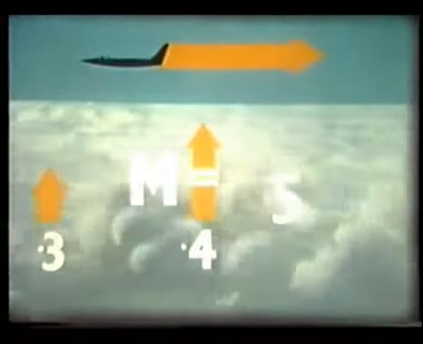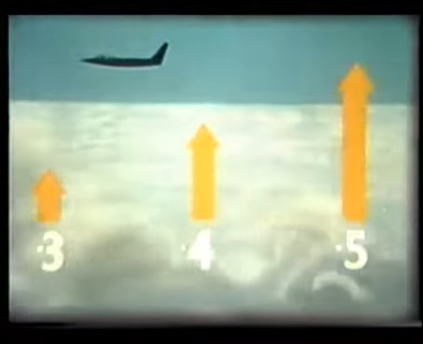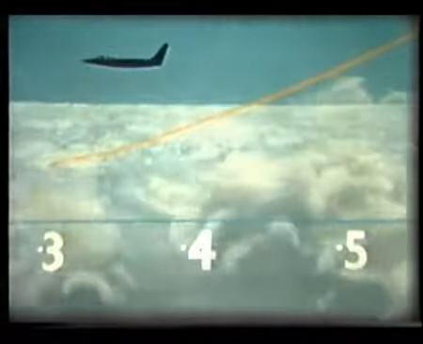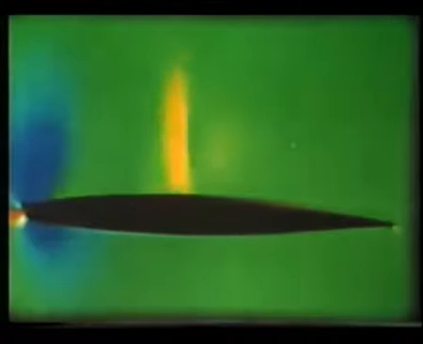At speeds below M crit, drag is roughly proportional to the square of the speed. But when shock waves develop, they cause a much greater rise in drag.